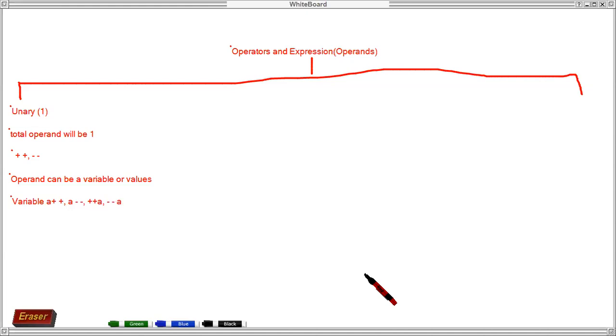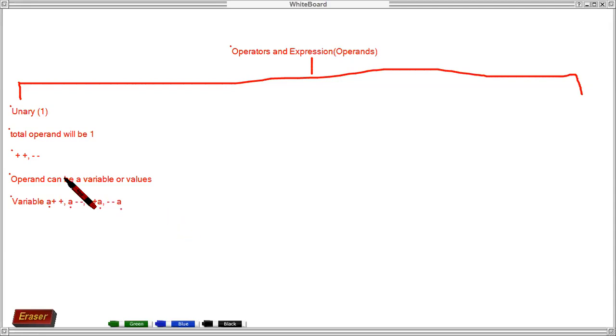As you can see, the total number of operands is only one. Beside the plus plus operator you have only one operand. Beside the minus minus operator you have one operand. Beside plus plus you have one operand. Then you have another one operand.